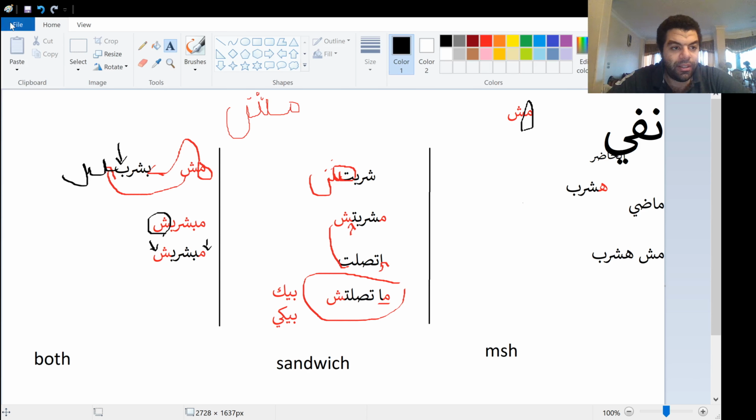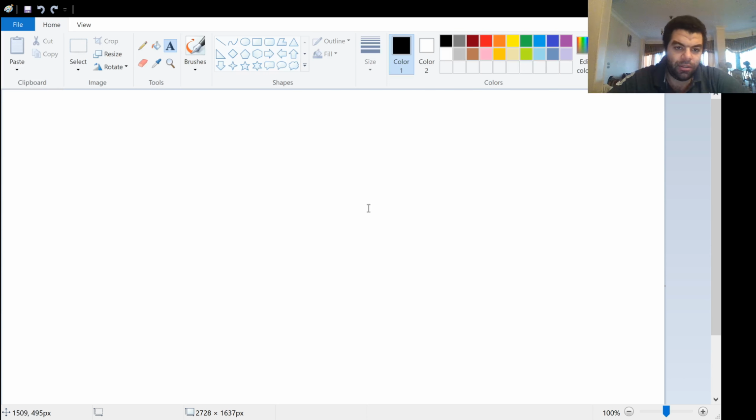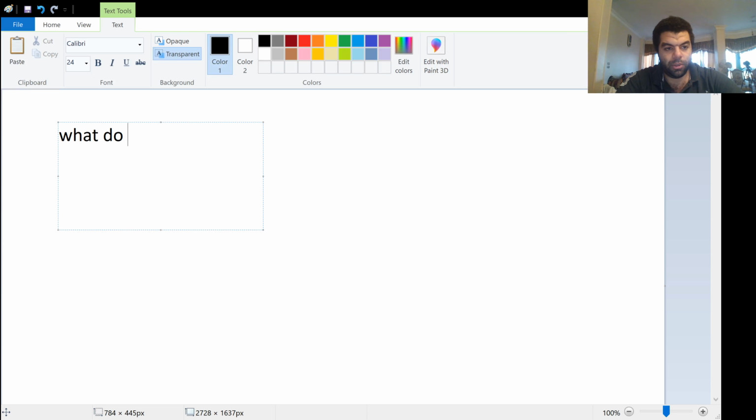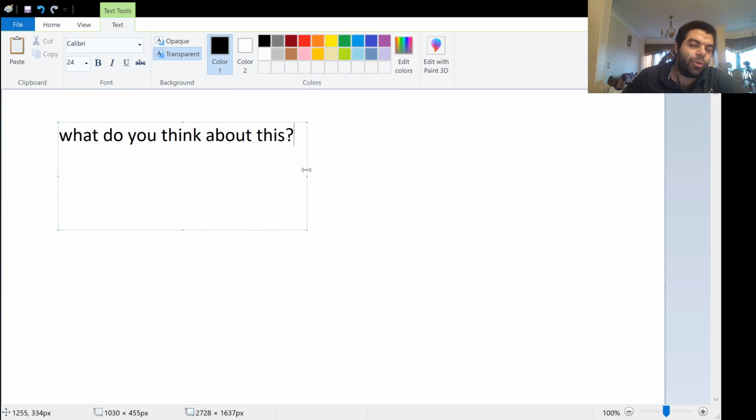So this is something which is incorrect when you literally translate. Okay. What does that mean? For example, when you ask someone, "What do you think about this?" So you're asking for someone's opinion. If you translated this literally to Arabic, then it wouldn't work.